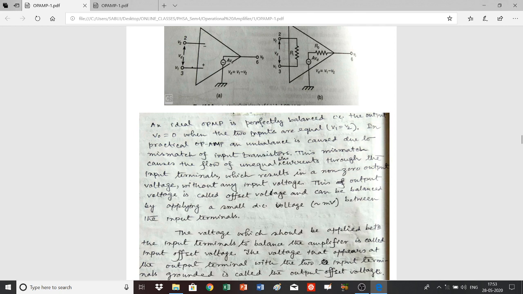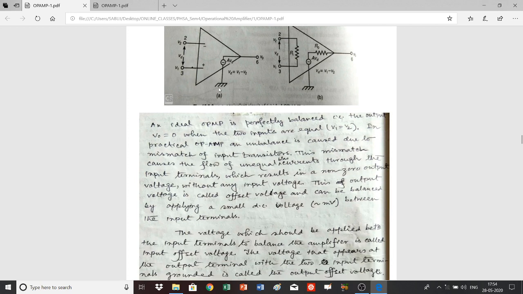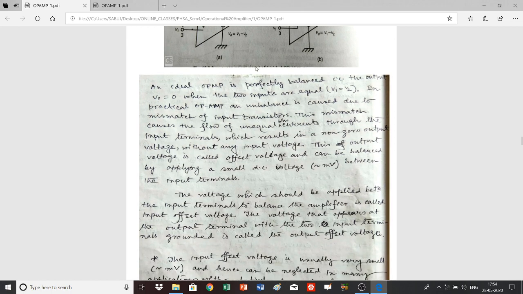To minimize this, you have to apply a DC voltage across the two terminals. The input DC voltage applied to the two input terminals for which the output voltage becomes 0 is called the input offset voltage. So we learned that there are two types of offset voltage: number one is input offset voltage, and number two is output offset voltage.